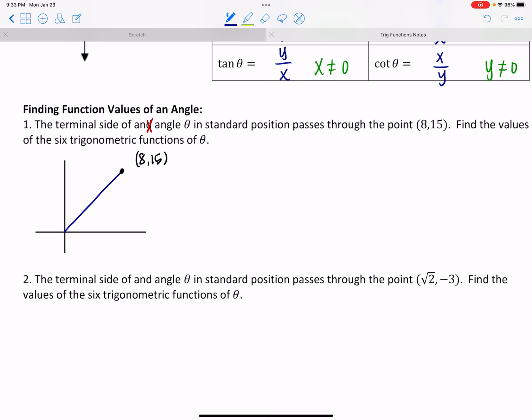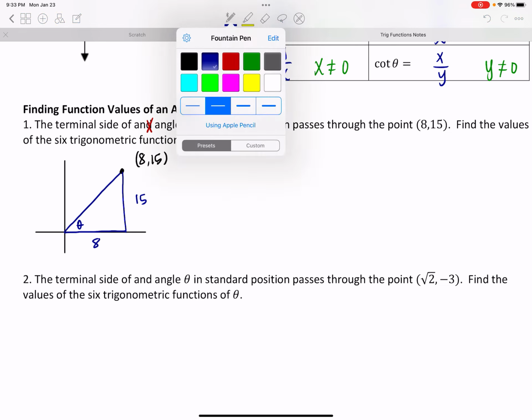So let's go ahead and draw a triangle. That way this looks familiar. If I make a triangle in quadrant 1 using that angle, so here's my angle that was created originally, I know that I went up 15 units and over 8 units. So the side lengths of my triangle, there's my x and my y, give me enough information to also find my radius length.